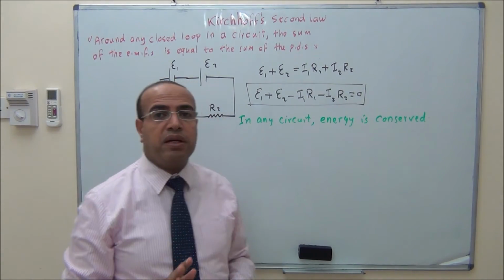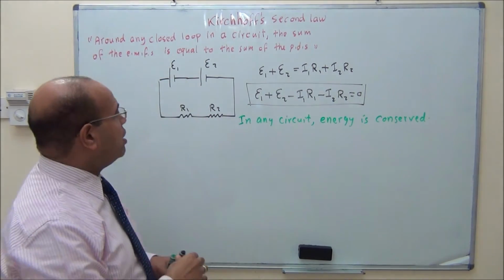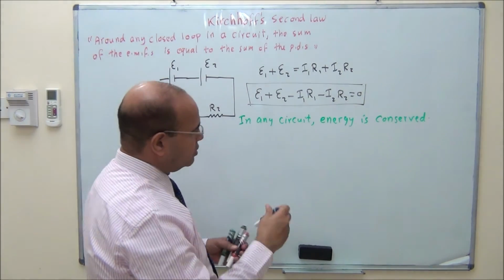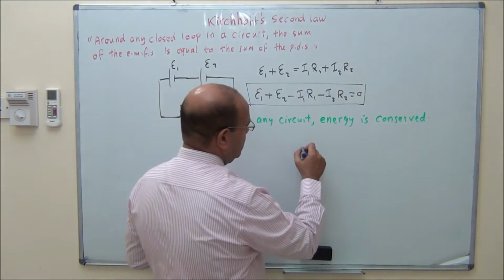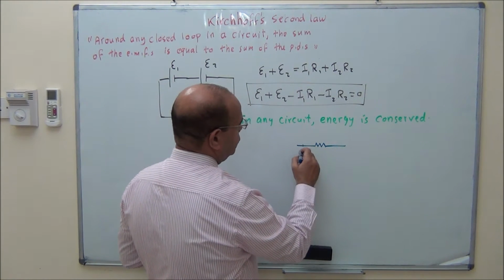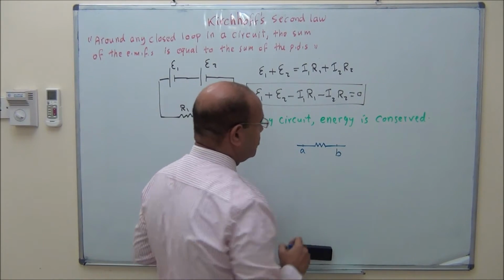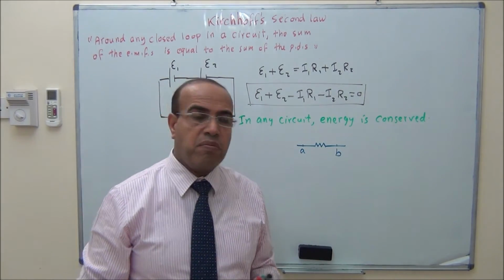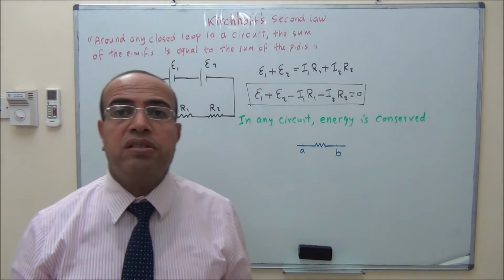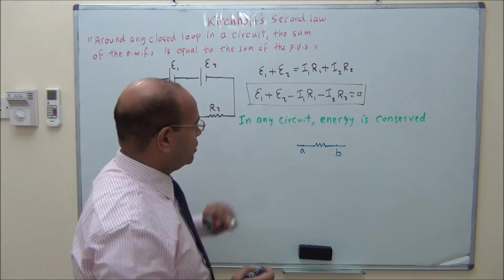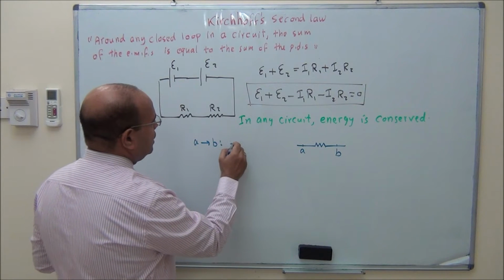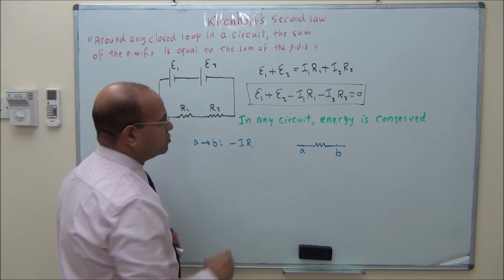Now we assume that in the circuit, we have a resistor and we have the cell. So we will agree on a convention. This is a resistor, and we have 2 points, A and B. If the current passes from A to B, we say it's negative IR.